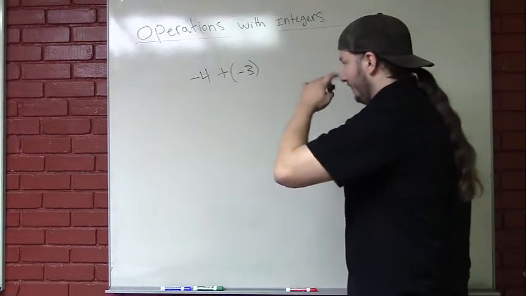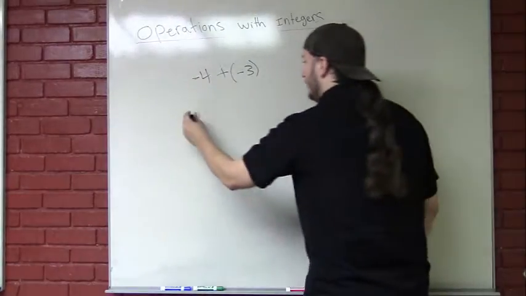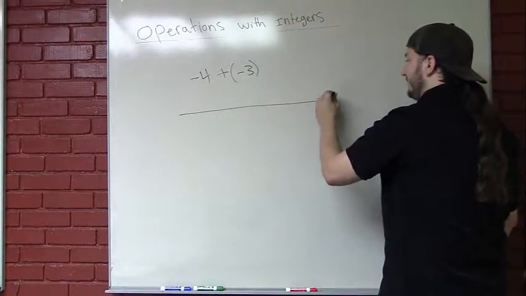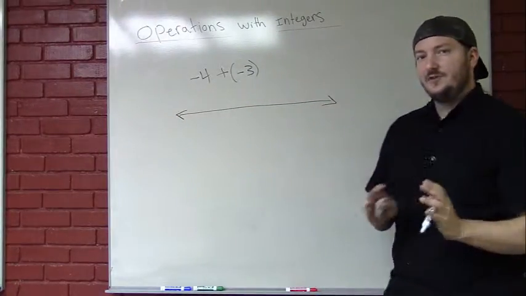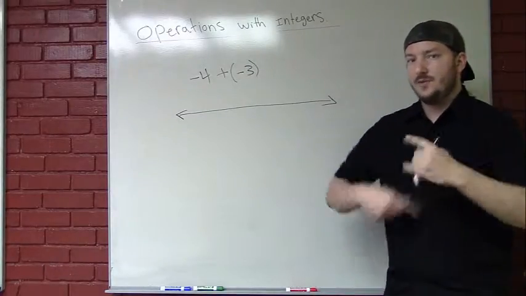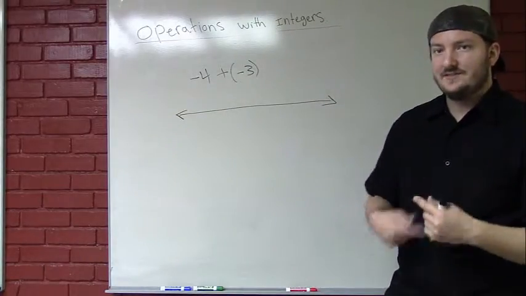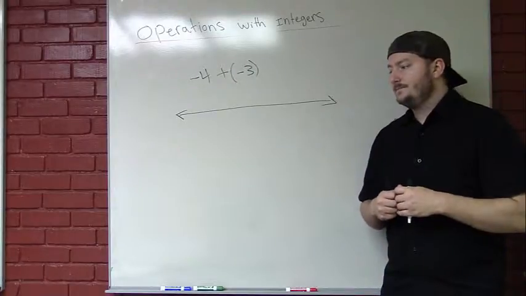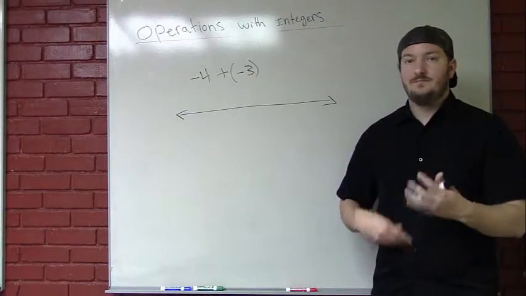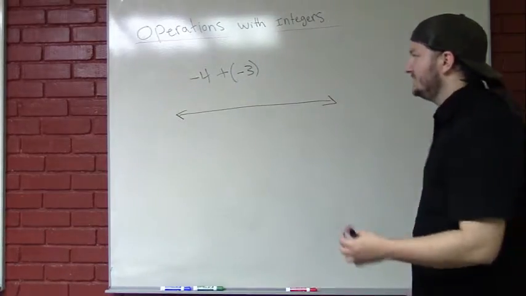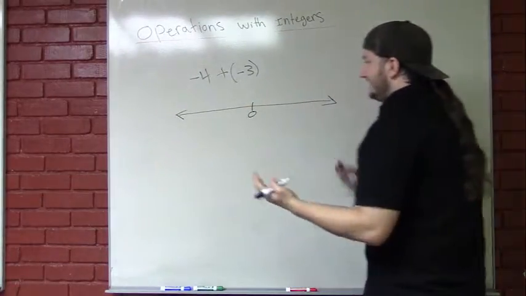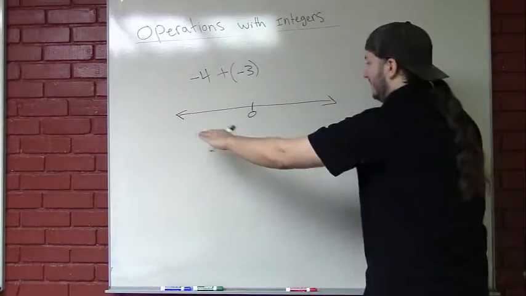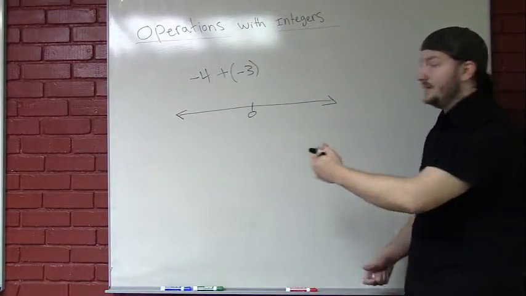So one way to look at this, if it's a little confusing at first, because negative numbers are kind of confusing at first, so don't worry. The more you watch this video and the more you experience them, it will become second nature, I promise. So let's say we have a number line here, and in case you've never seen a number line, it's just a line, and we're going to put some numbers on here.